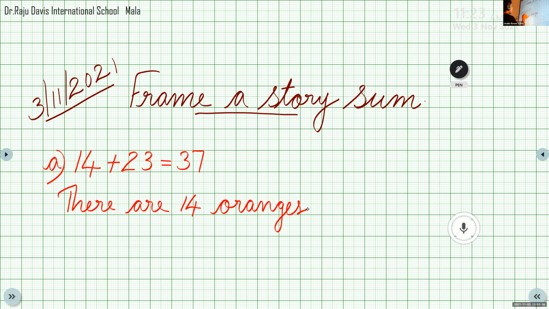Now, the first one you write this way, and the second one you can write in your own way. 14 oranges and 23 mangoes, or apples, it's okay, in a basket.